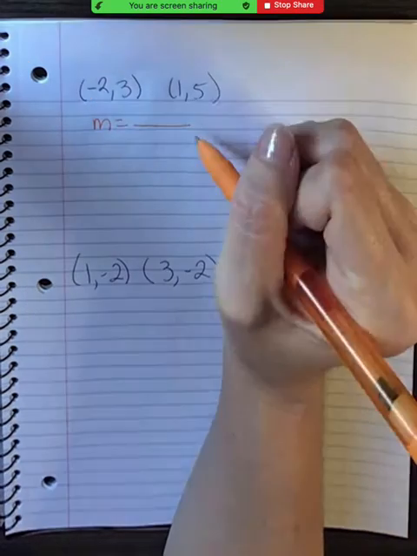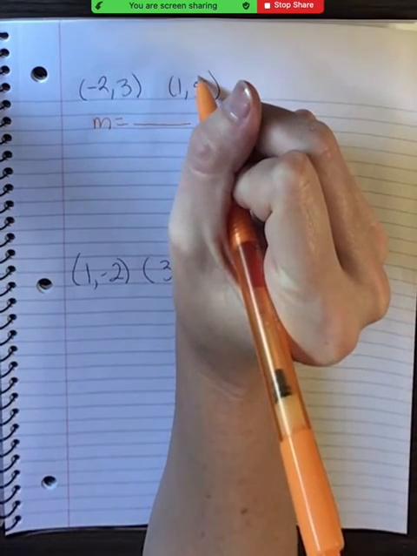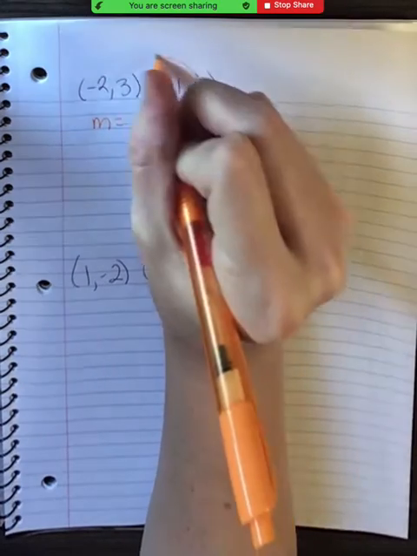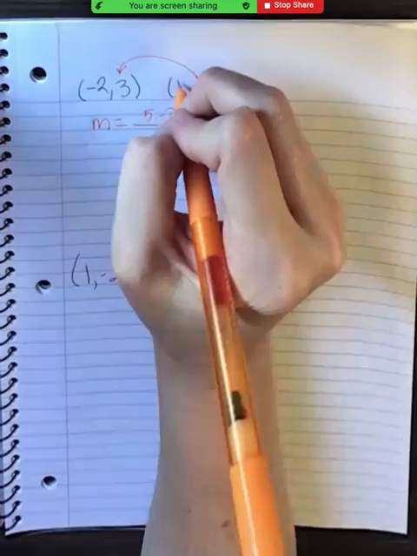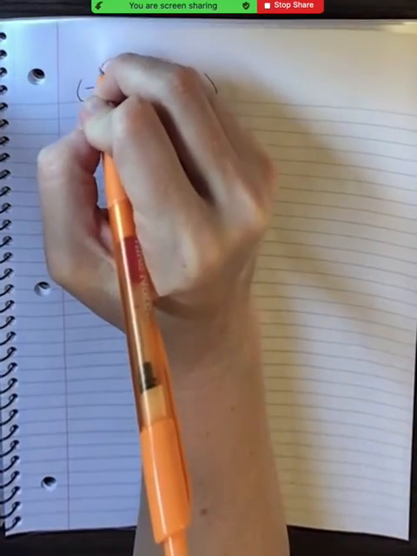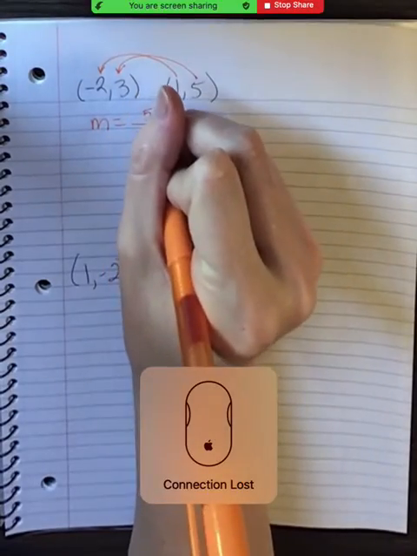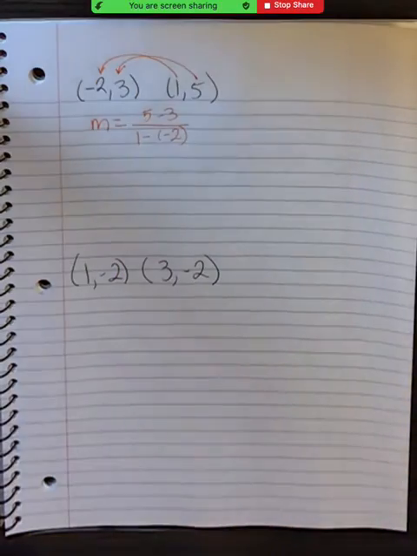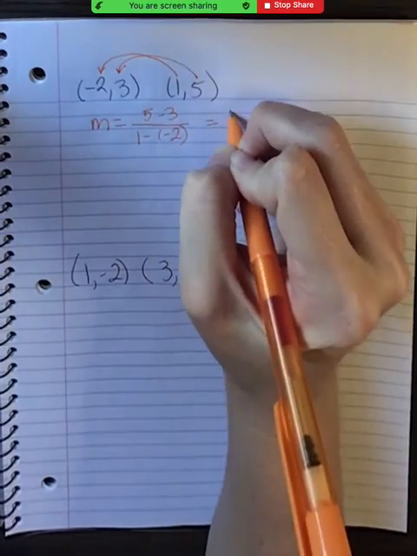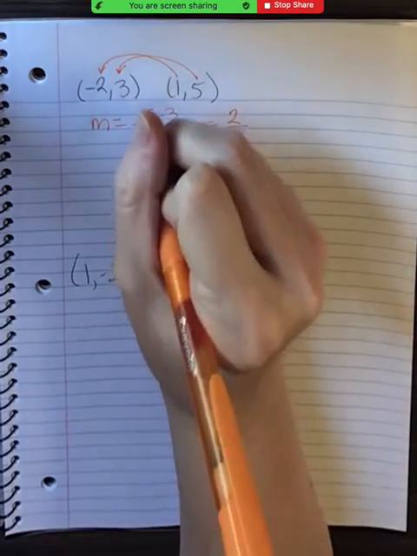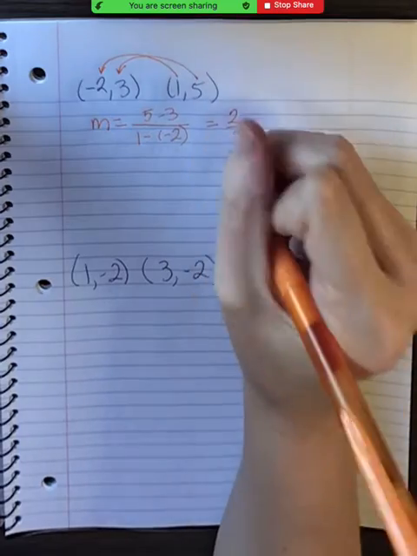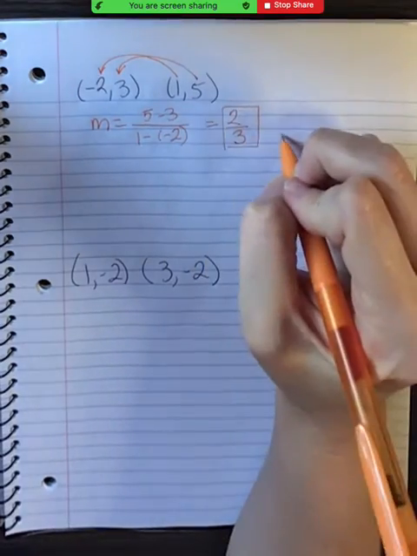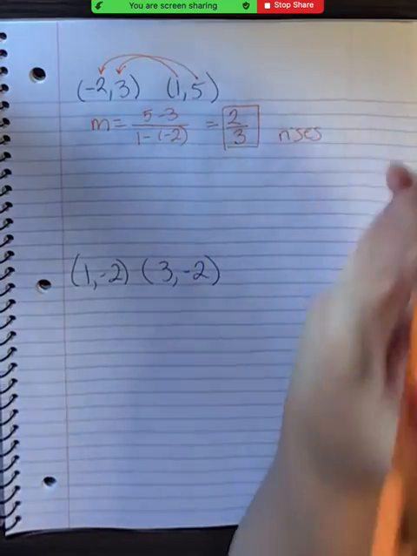Okay, so change in y, we're going from 3 to 5, over change in x, so 1 minus -2. 5 minus 3 is 2. 1 minus -2 is +3. So it's a positive slope, so this line rises.